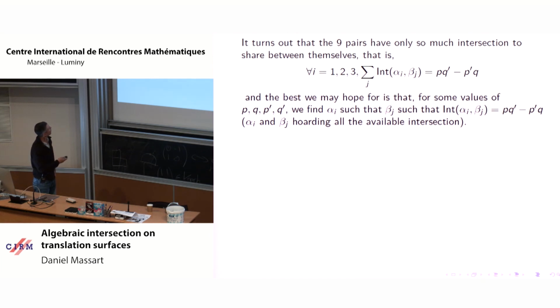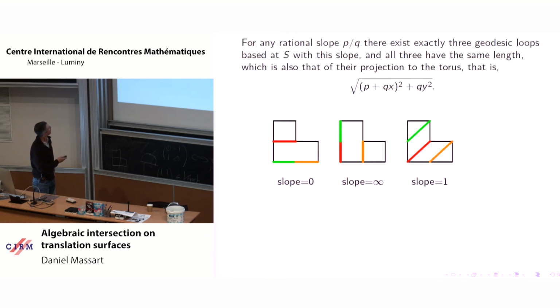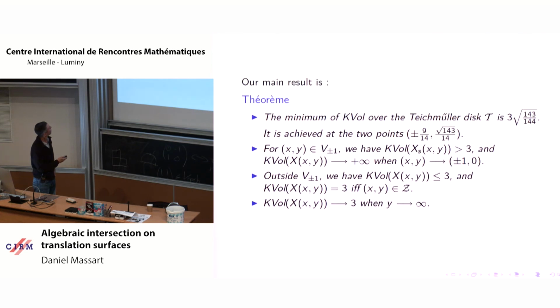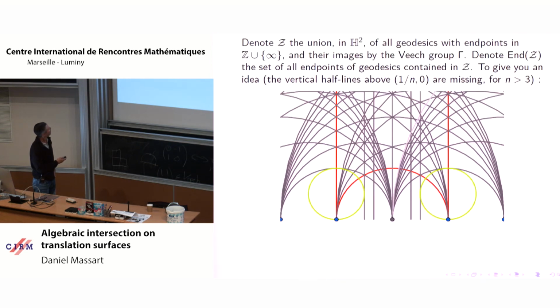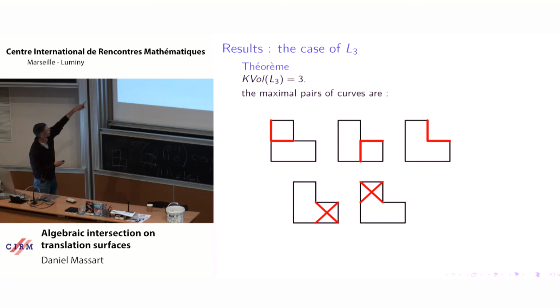So, for instance, the surface, you see that here you have 5 different maximizing pairs, but all of them have either coslope 0 and coslope infinity, or coslope 1 and coslope -1.